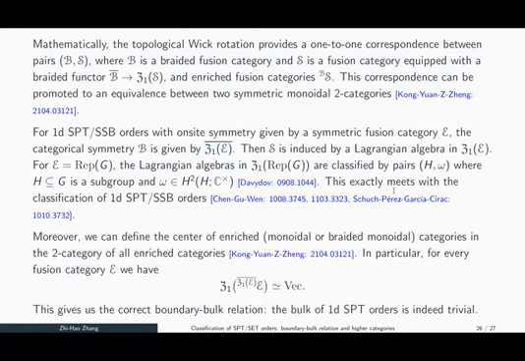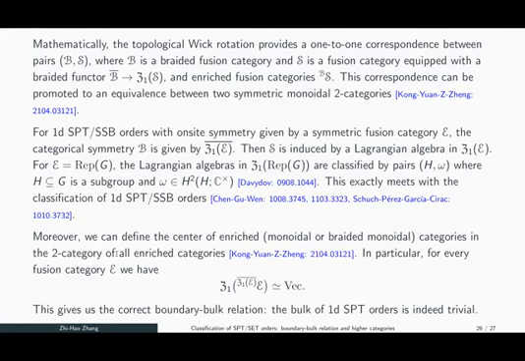Moreover, we can define the center of enriched categories, the center of enriched monoidal categories, and the center of enriched braided monoidal categories. The centers are defined using the universal property in the two-categories of all enriched categories.